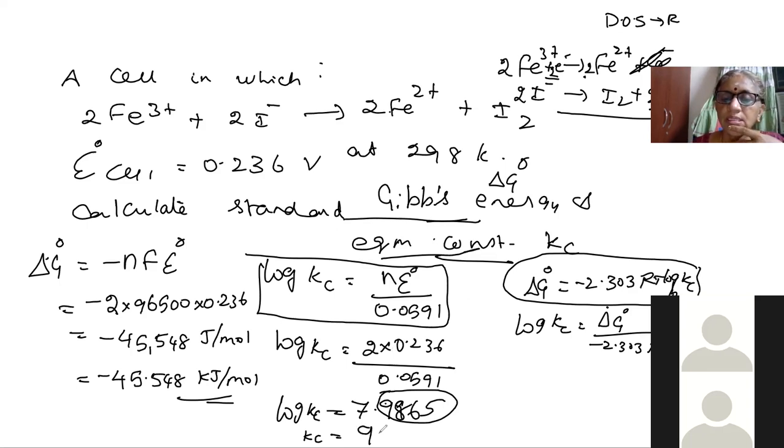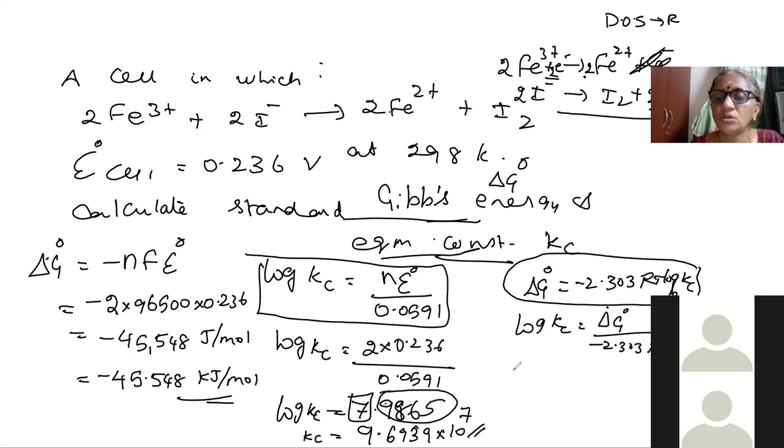So the Kc is 9.6939 into 10 raised to the power of the non-decimal value as it is. So this is Kc. If you use this formula or this formula, you should get the same value.